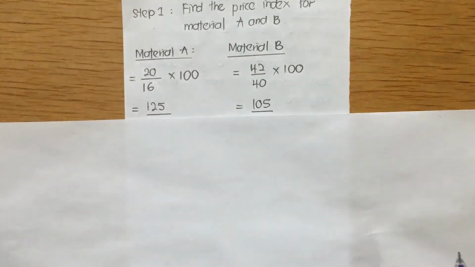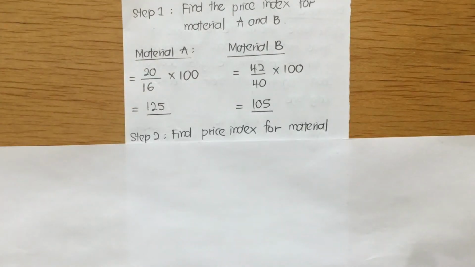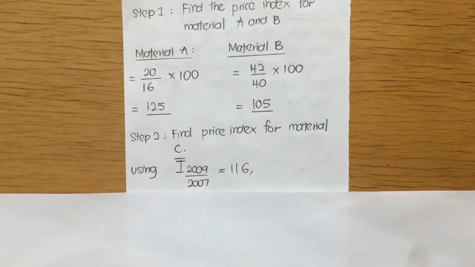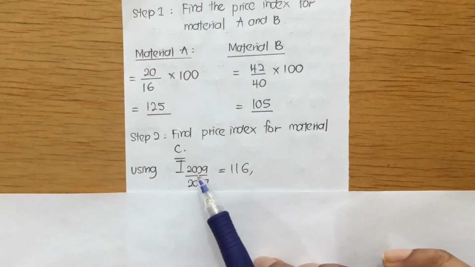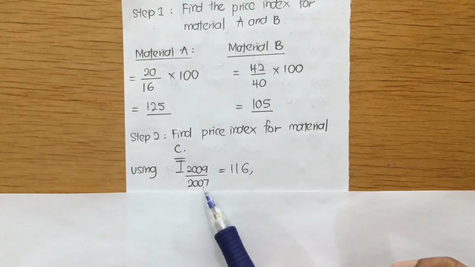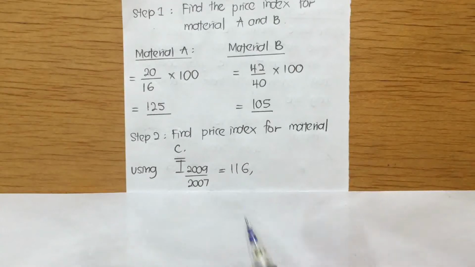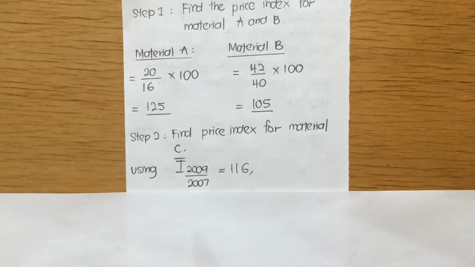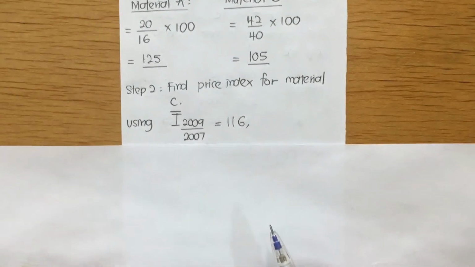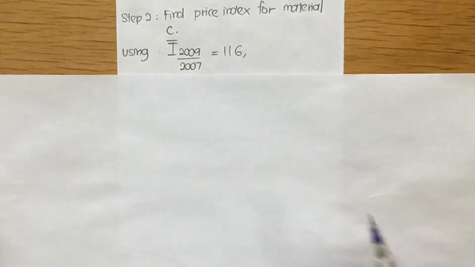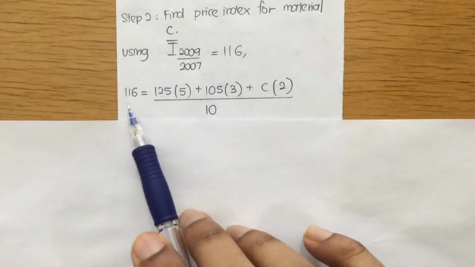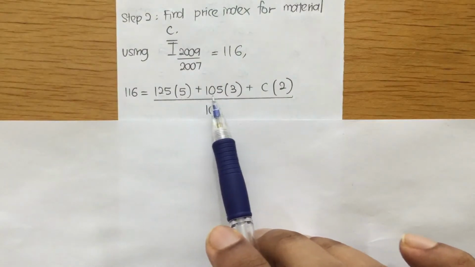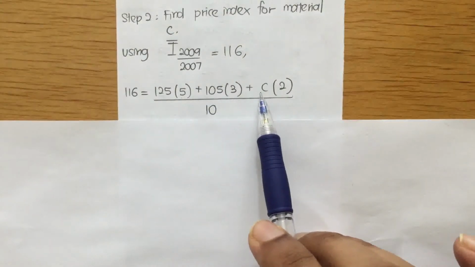Moving on to step 2. For step 2, we're going to find the price index for material C. We're going to use the composite index of the year 2009, taking the base year 2007, which equals 116, to find the price index for material C. So 116 equals 125 times 5 plus 105 times 3 plus C times 2, divided by 10.